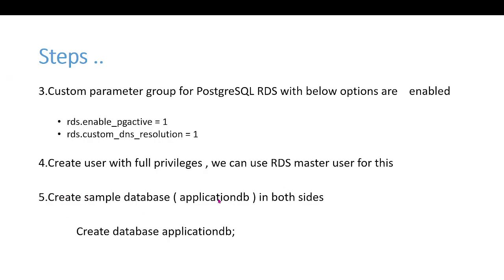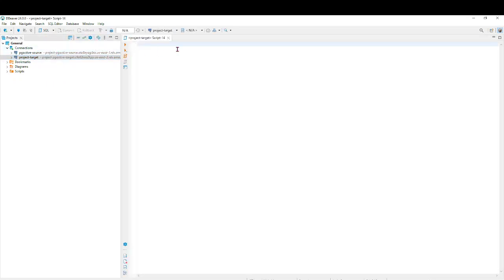So the next step is create a sample database in both sides, correct? Create database application DB. So let's click open SQL script or new SQL script. So let me create a new SQL script. So here you need to choose the connection. Okay. So let me first choose pg source and let me create the database application DB.